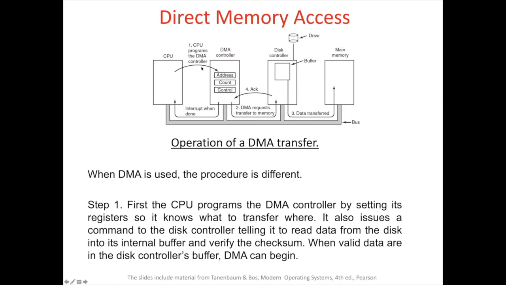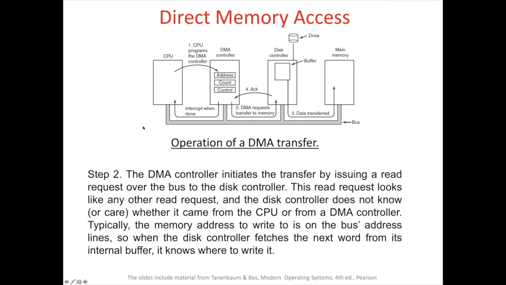In step 1, as shown here, the CPU programs the DMA controller by setting its registers so it knows what to transfer where. It also issues a command to the disk controller telling it to read data from the disk into its internal buffer here and verify the checksum. When valid data are in the disk controller's buffer, DMA can begin.